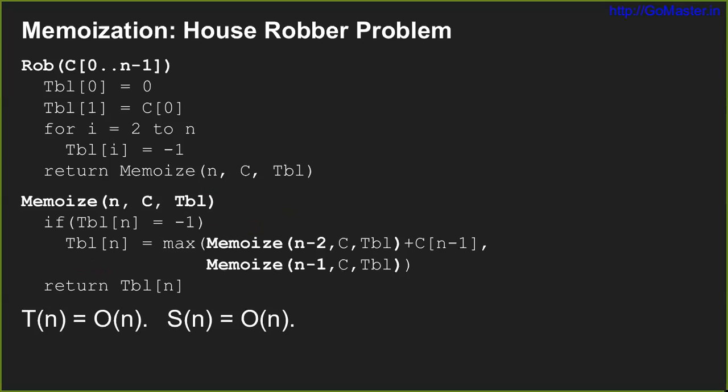So if you see here, even though this is recursive, there is double recursion. It looks like exponential time, but it is not. Why? Because this part of the code, which is in the if block, is going to be executed only the number of times this is -1. So which is only n-1 such locations have -1. And once it is solved, it's going to become not a -1 value.